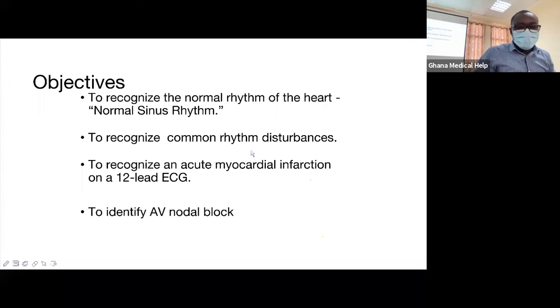But you realize that it's a very simple tool that, if you're able to make good use of it, you can even in the remotest of places make very simple, life-saving diagnoses. So we're looking at being able to recognize what is normal and what is abnormal, the common rhythm abnormalities, how to recognize an MI and then an AV block.